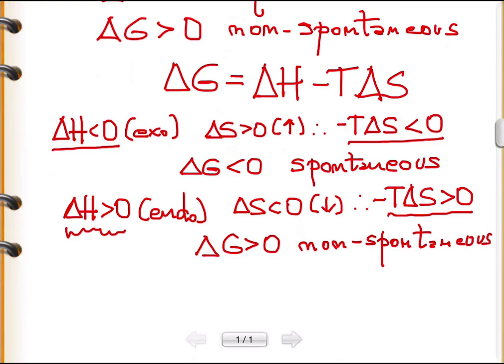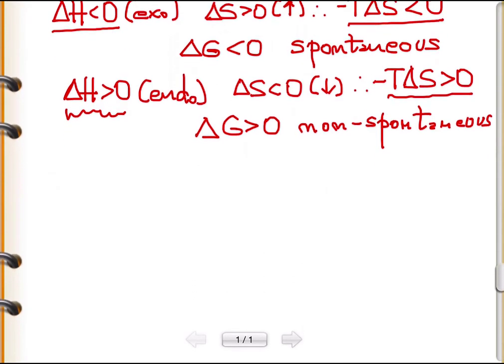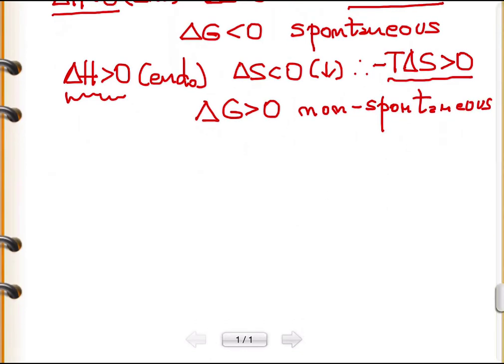Okay. Now, situations are more interesting when we have cases like the following. For example, let's say that a reaction is exothermic, but the delta S is negative. An exothermic reaction, where the entropy is decreasing.